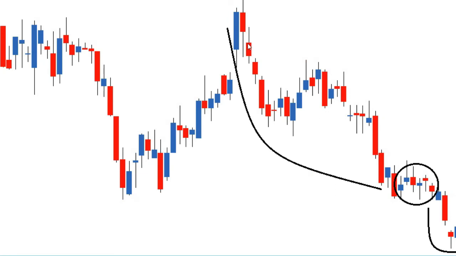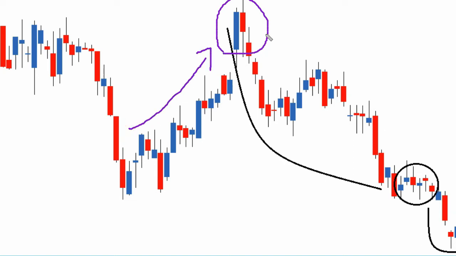Now we will see the spinning top in this chart, and here it is. But you can see in this chart the spinning top has occurred at the top of the chart, so it means it will show a bearish signal. Now let's check all the conditions necessary for a bearish spinning top. The first condition, there should be a bullish rally.